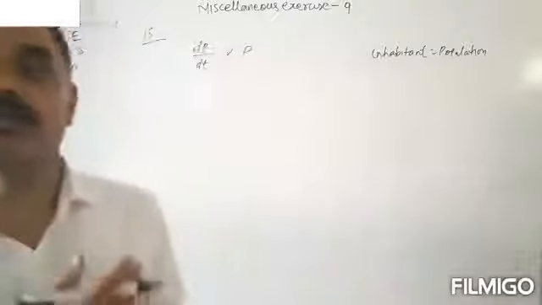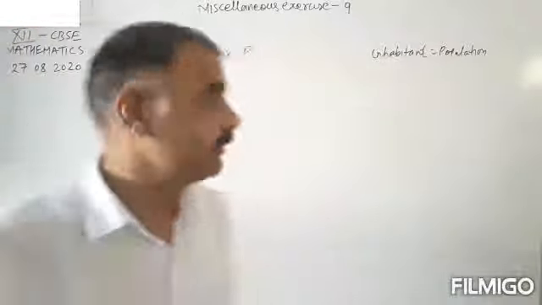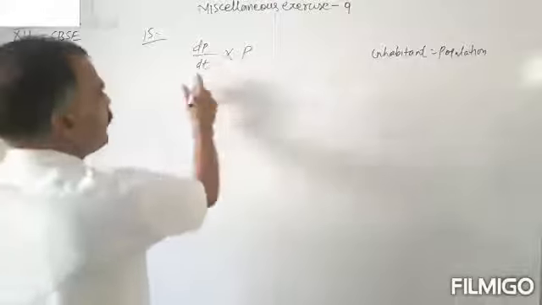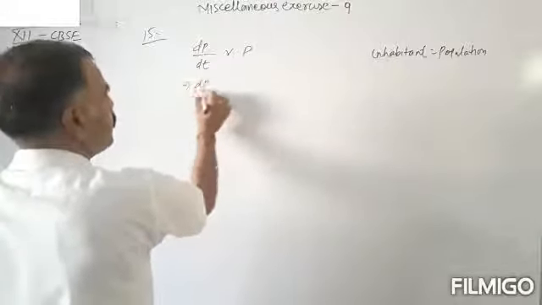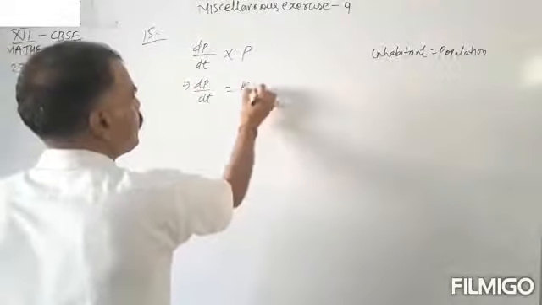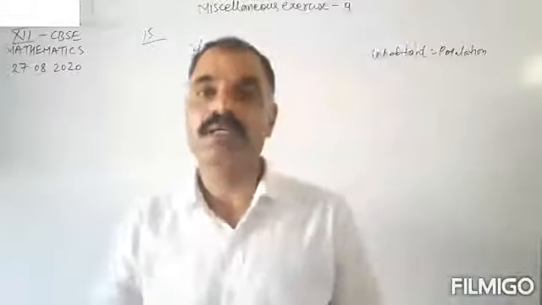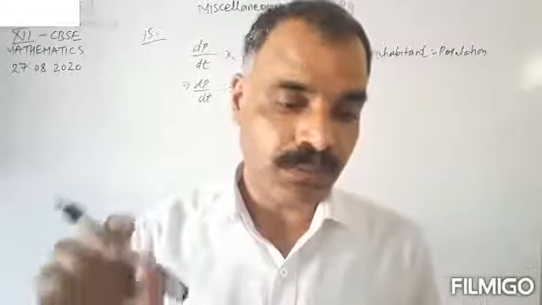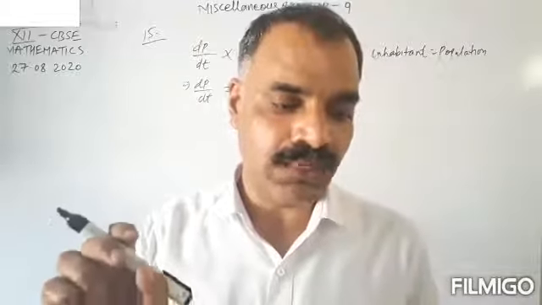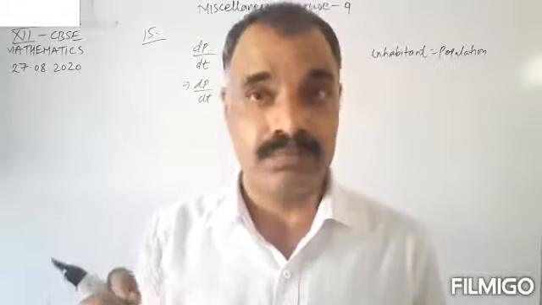Now removing the sign of proportionality, dp upon dt is equal to kp, where k is any constant. One more thing is given: the population of the village was 20,000 in 1999.